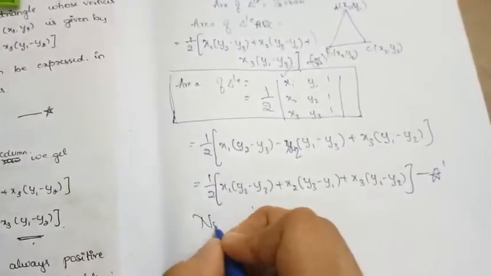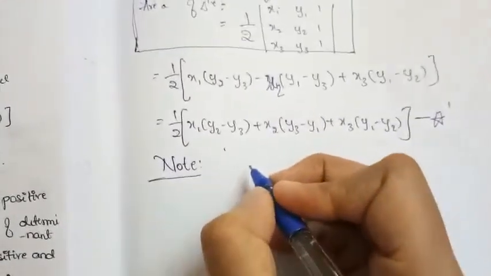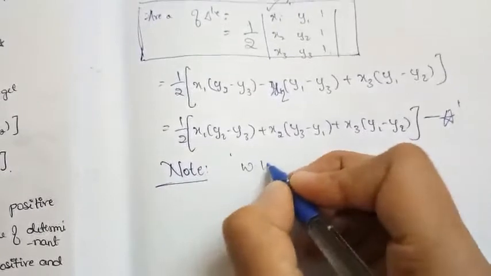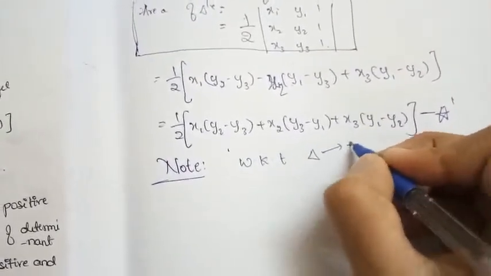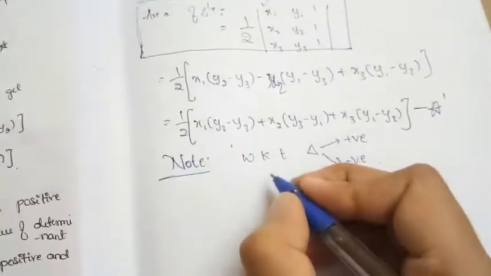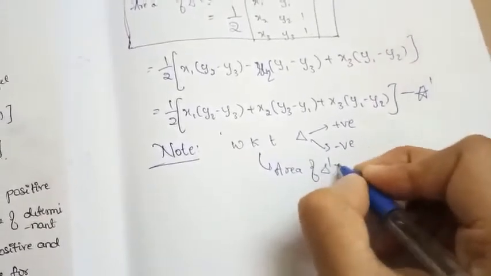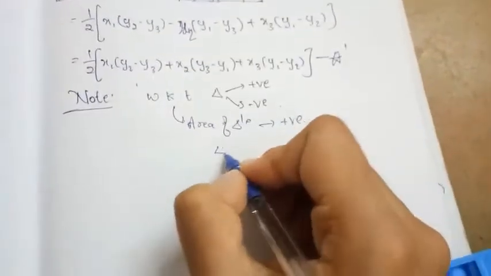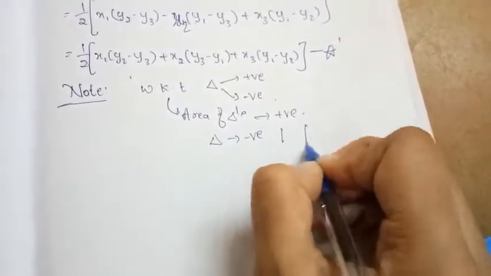In this main note, there are a few things we need to concentrate on regarding the area of a triangle. We already know that the value of a determinant might be positive or negative, but the area of a triangle is always positive. So whenever we get a negative value of a determinant, we take the absolute value.